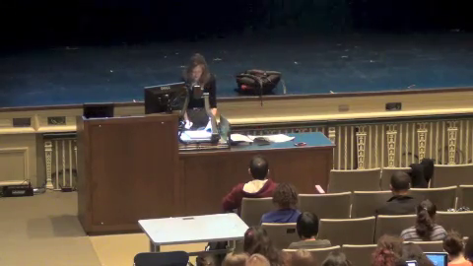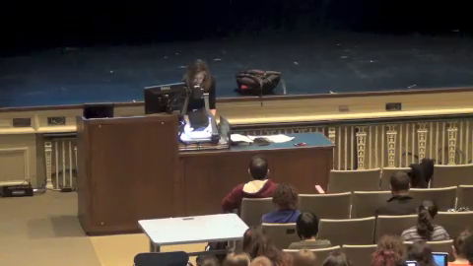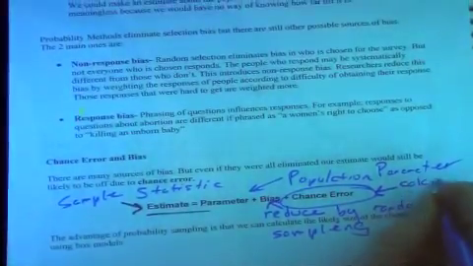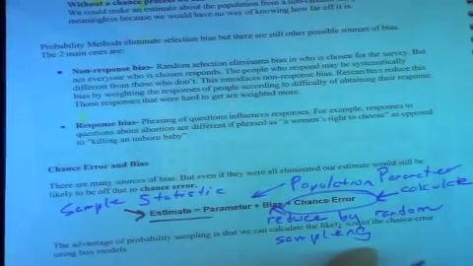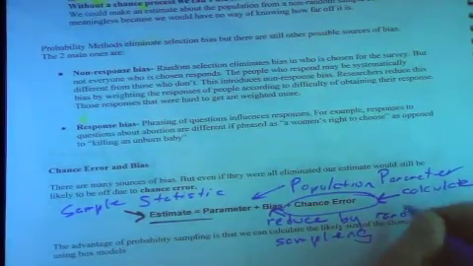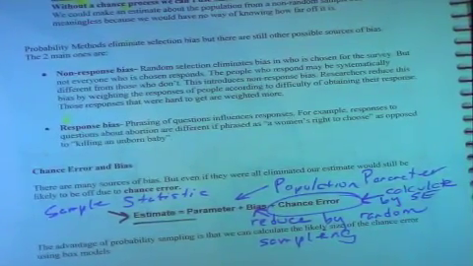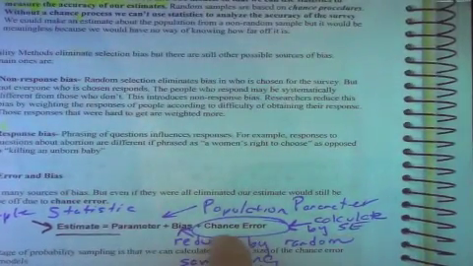So this is the one that we're going to look at now. You can calculate it only if you do random sampling, though. You can calculate it by what? The standard error, the chance error.